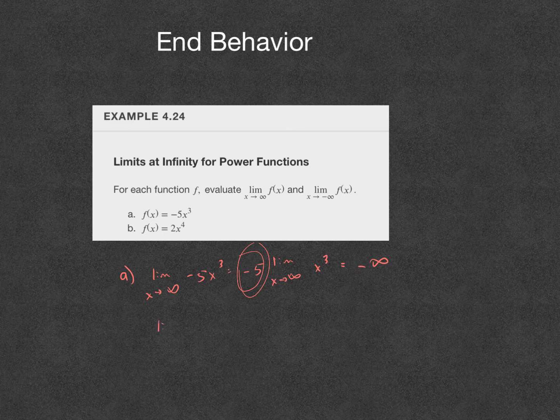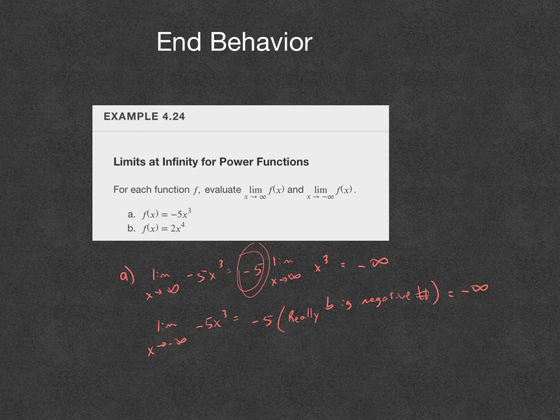If we're approaching negative infinity of negative 5x cubed, what happens there? Well, now we have a large negative number cubed and then times negative 5. So this is negative 5 times really big, and you could check it in your calculator. Use a really big negative number, and that answer is negative infinity.